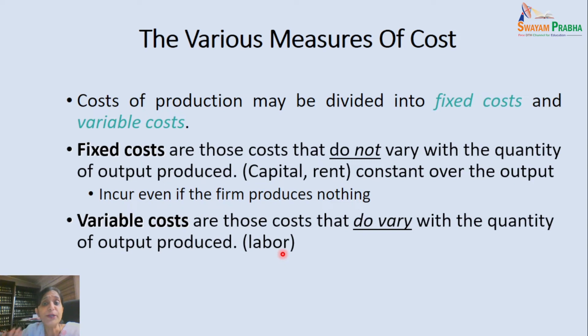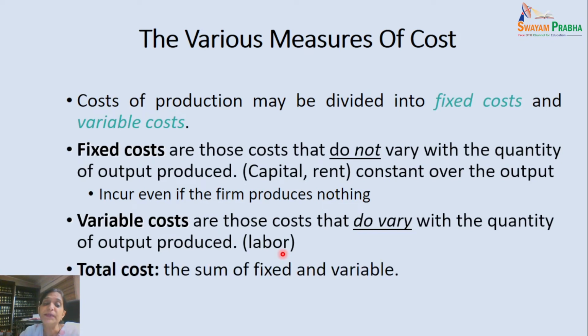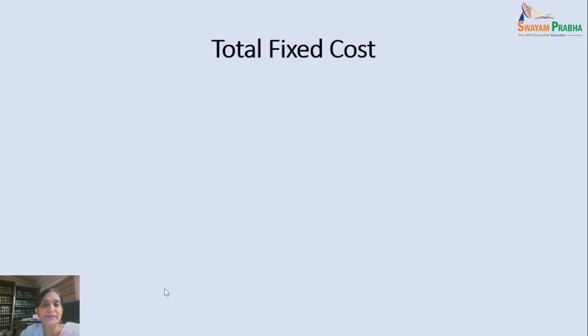If you are not producing anything, your factory is locked, this variable cost will be zero at that time. So when we talk about total cost, the total cost will be the sum of the fixed cost and the variable cost. So we say total cost is equal to total fixed cost plus total variable cost. I think it's quite simple to understand.